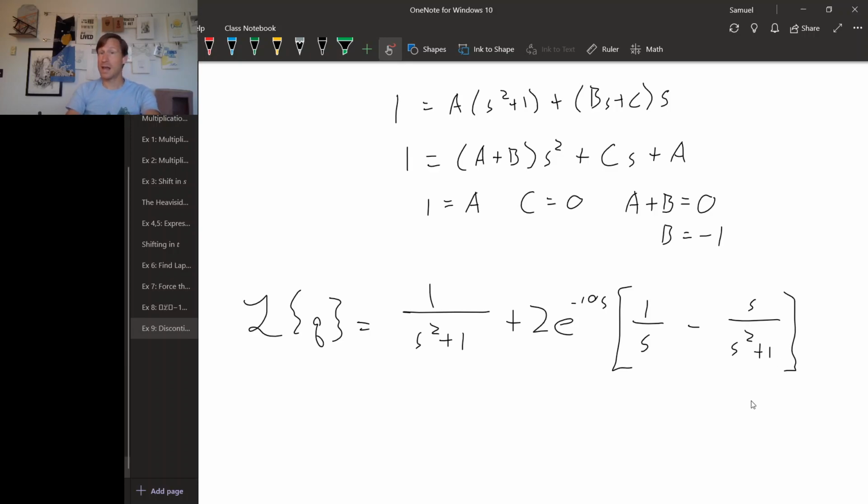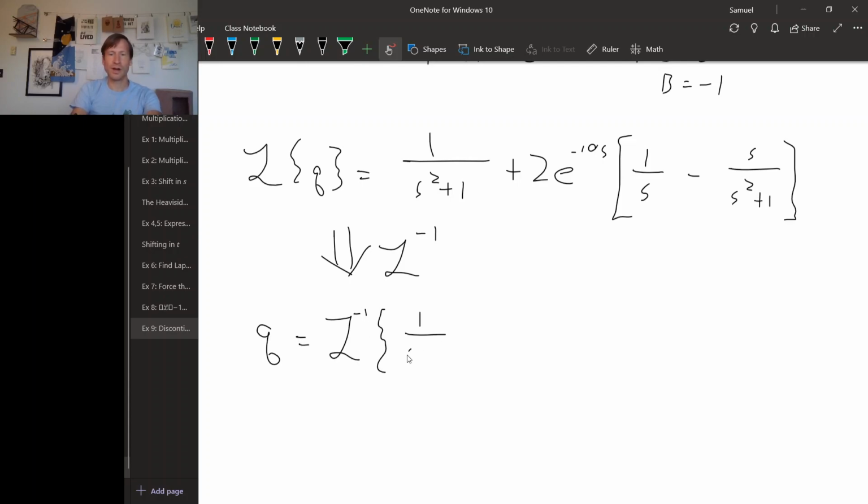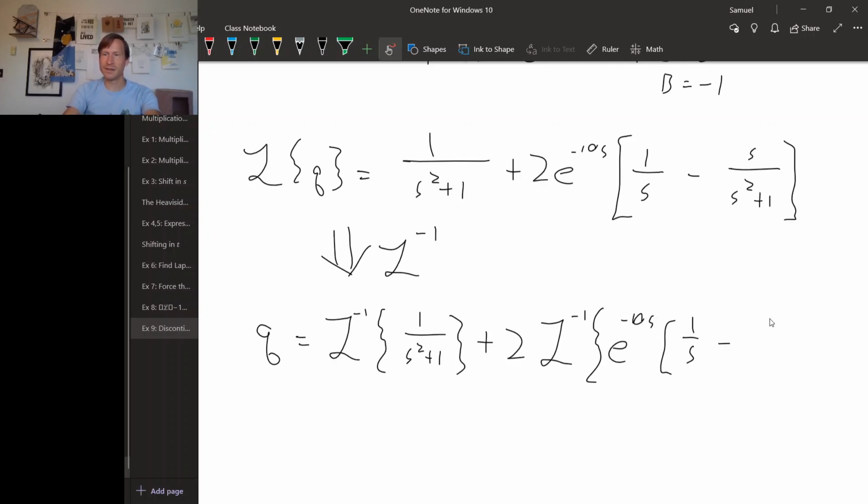Okay, and now we need to take the inverse Laplace transform. So we get q on the left. On the right, we get the inverse Laplace transform of 1 over s squared plus 1 plus 2 times the inverse transform of e to the minus 10s times 1 over s minus s over s squared plus 1.